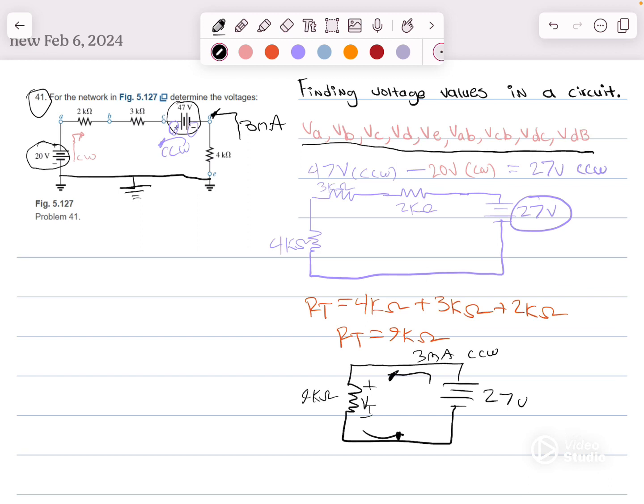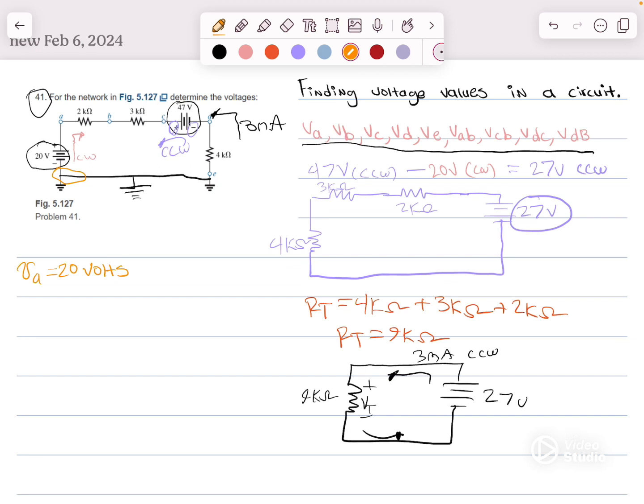Here, if I want VA, I can go ahead and start with that. Remember that our ground node is right here. Looking at our voltage source, we're going 20 volts above ground to get to A. So VA is a pretty easy node to find. VA is going to just be 20 volts.